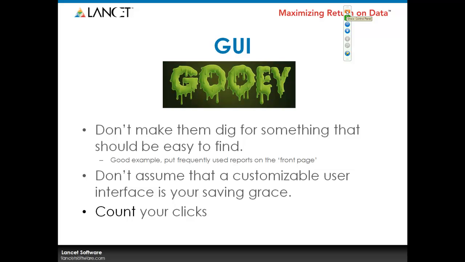If you know that there's a handful of reports that people run all the time, figure out how to get that as high up in the hierarchy as you can. Now, I know there are security implications for some tools where you can't really move it up, but if there's any opportunity for you to move that up into the hierarchy so they don't have to click, then do that. Take advantage of that opportunity. Remember to make it as simple for them as possible.